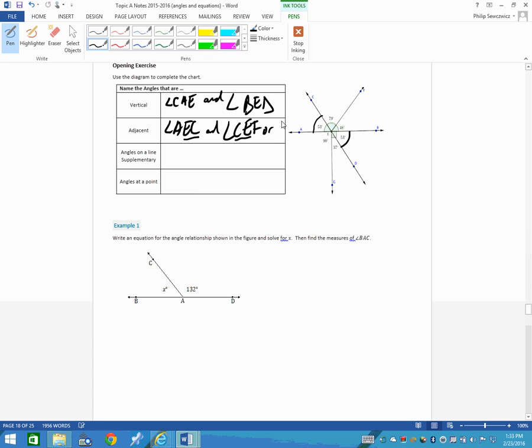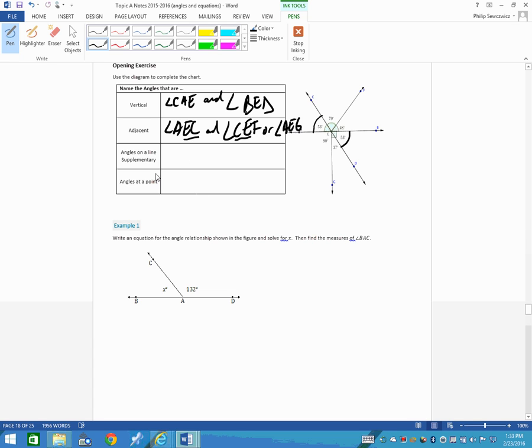Or you could go to the other side and say angle AEG. That would also be adjacent with angle AEC, because they share a common ray, AE. Adjacent angles don't give us too much information. It's just that if they're right next to each other, we can use angle addition, add them up to get that one larger angle.